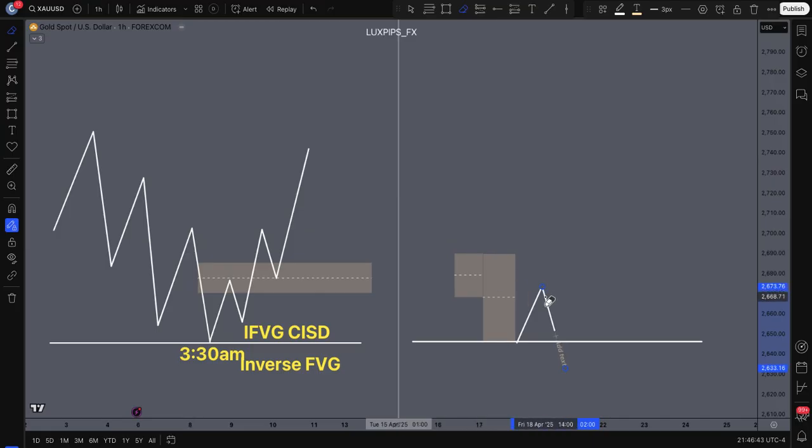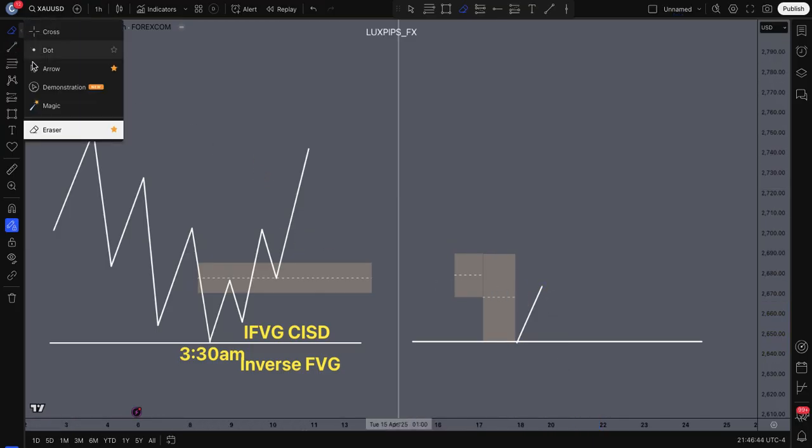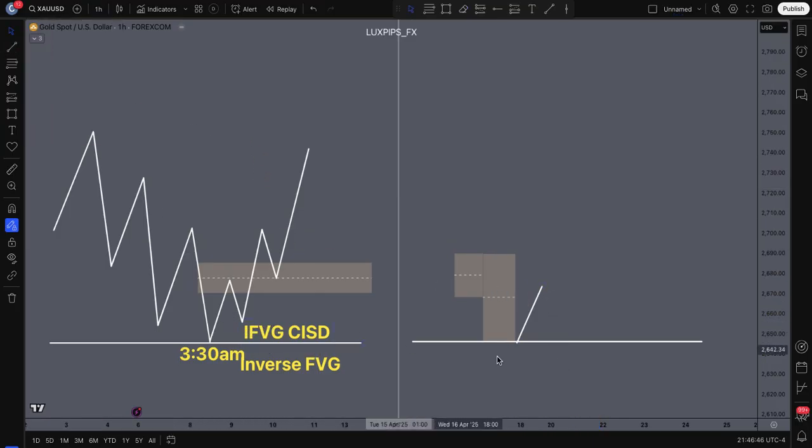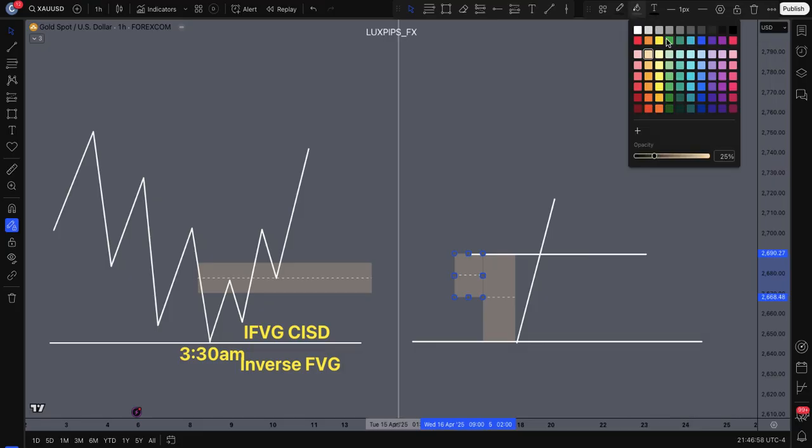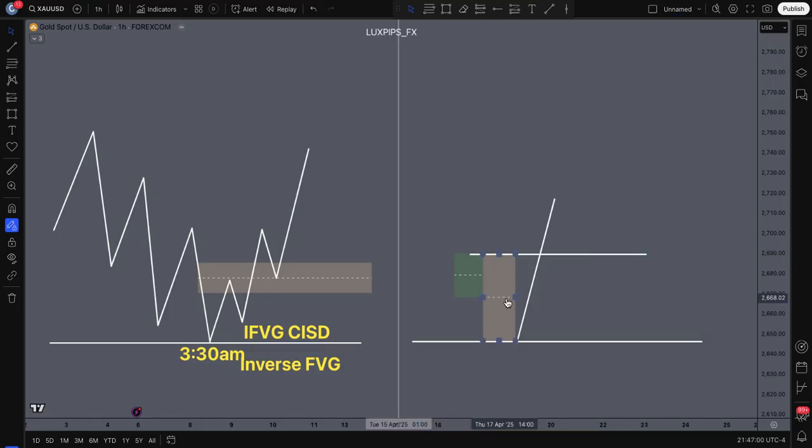But we want to see the opposite of them at the POIs and at a specific time. We want to see it be rallied through. So now this little bullish candle here, I'll make it green just to make it even more noticeable.